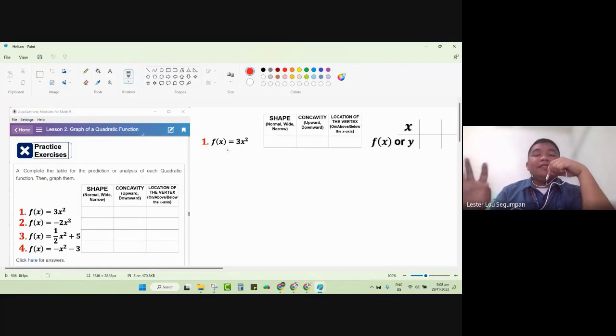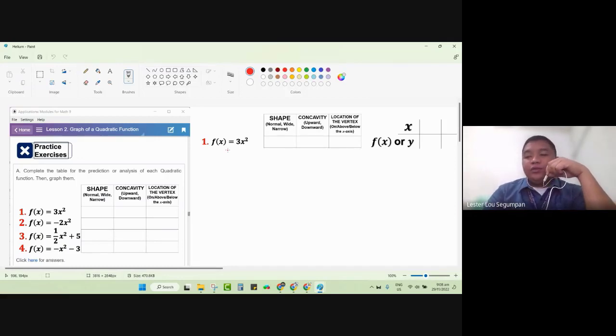But I would like to emphasize this more: the graph and the table of values in lesson number 1 do not exactly show you the correct form of the graph, because we are just using the first five whole numbers, from 0 until 4, to determine the table of values and its graph representation.